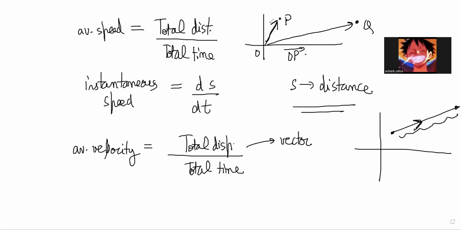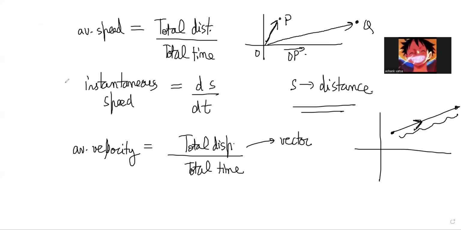Sir, I have a doubt in this part, in the theory part of HCV on position vectors. What is the doubt? Sir, for example, in this, the point changed from P to Q, right? So the displacement should be OP plus OQ.